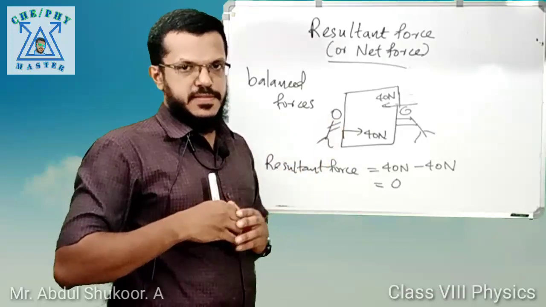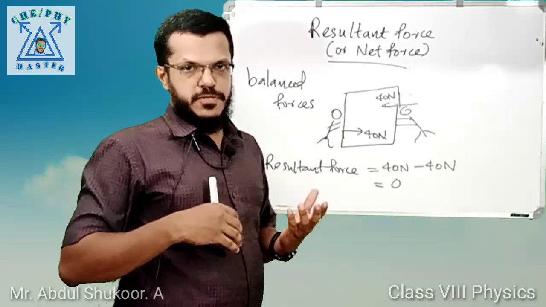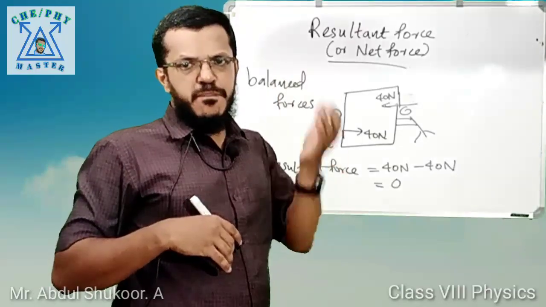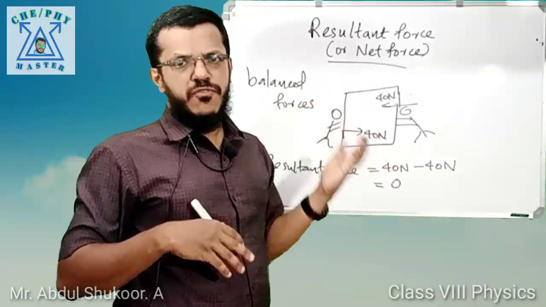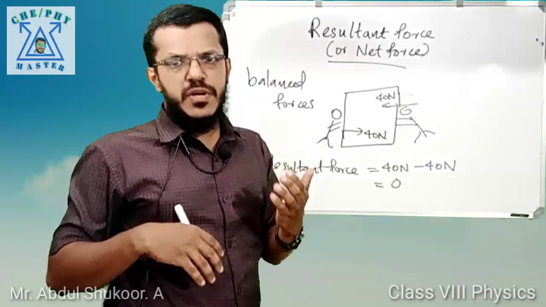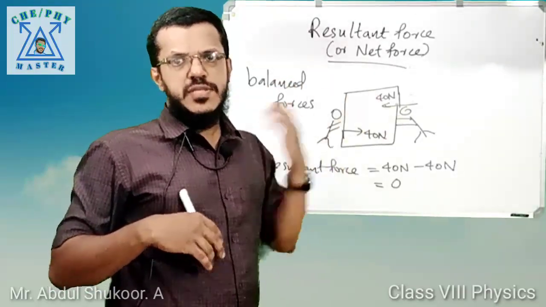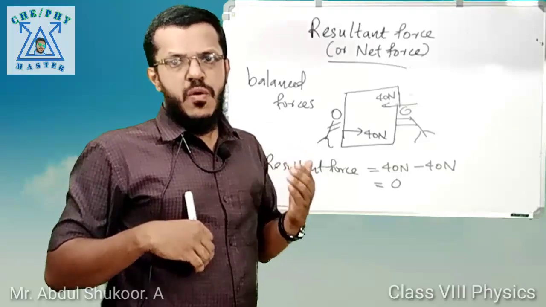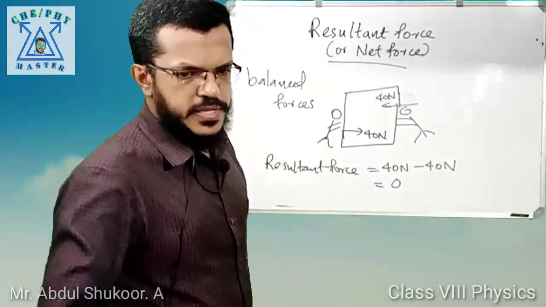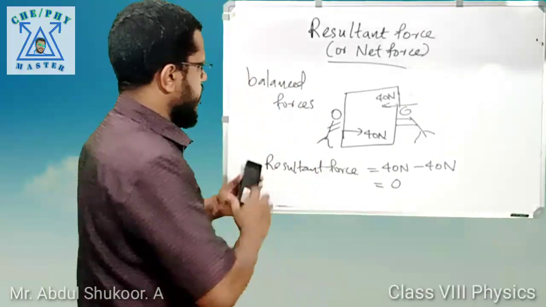Okay, in this case, suppose you push the heavy box with a force of 50 Newton and your friend applies 40 Newton force in the opposite direction. Then what will happen to this box? Just observe that.